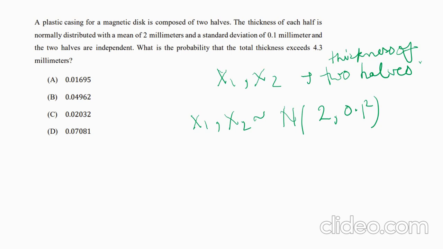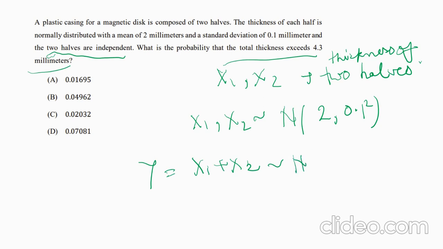Given here is that the two halves are independent. What is the probability that total thickness exceeds 4.3 mm? Total thickness means x1 plus x2. So we can define it as y, which will follow some mu and sigma square.